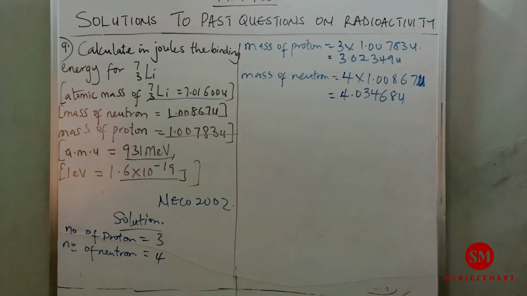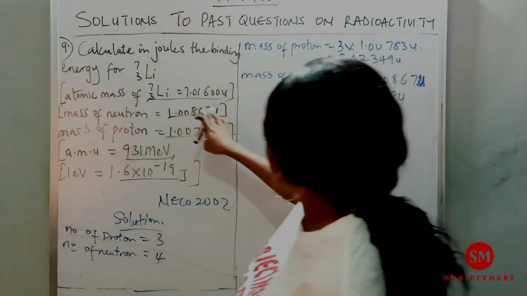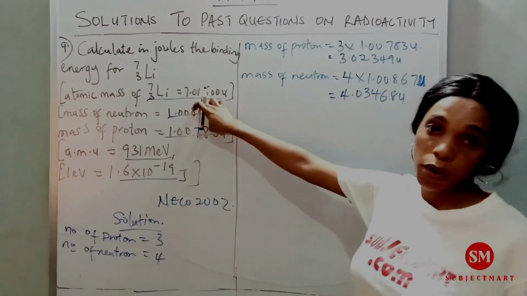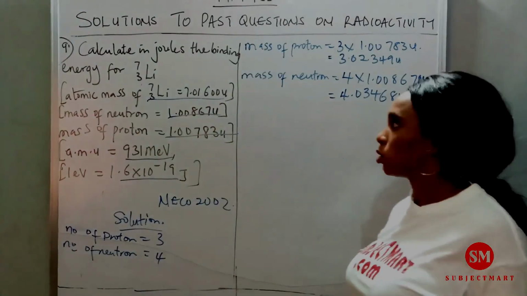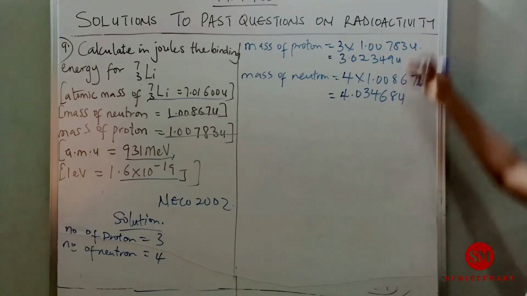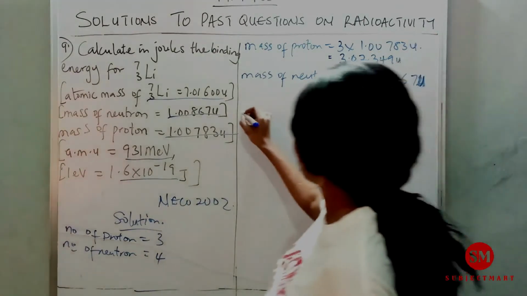Okay. We have already been given the atomic mass of lithium to be 7.016. So we need to look out for the change in mass. First, let's add together the mass of the proton and neutron.